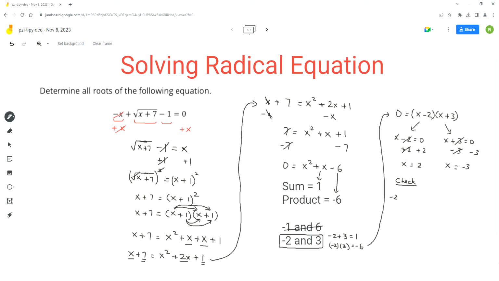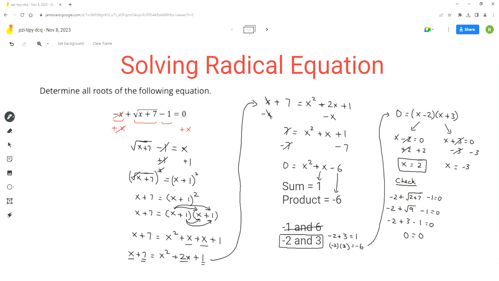So we get negative 2 plus square root of 2 plus 7 minus 1 equals 0. So we get negative 2 plus square root of 9 minus 1 equals 0. So negative 2 plus 3 minus 1 equals 0. The square root of 9 is 3. And then when we add these numbers, we get 0 equals 0.